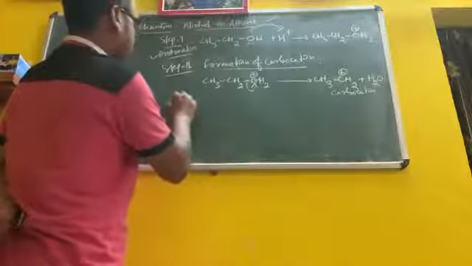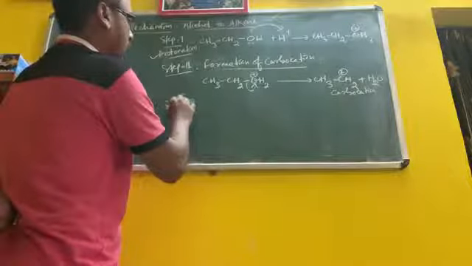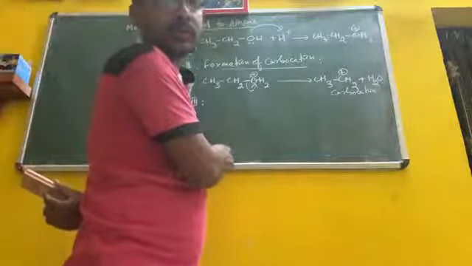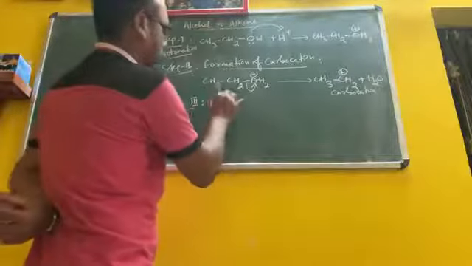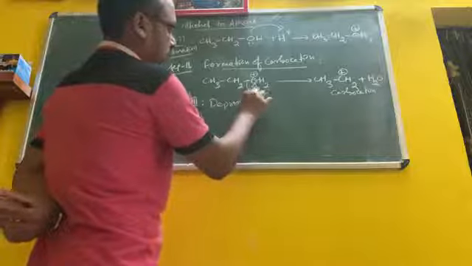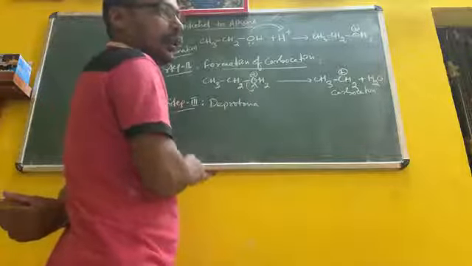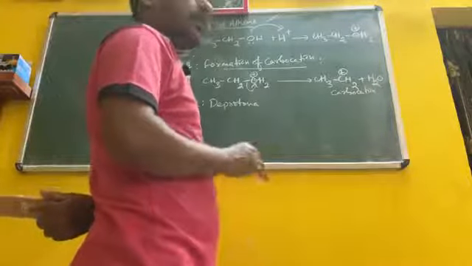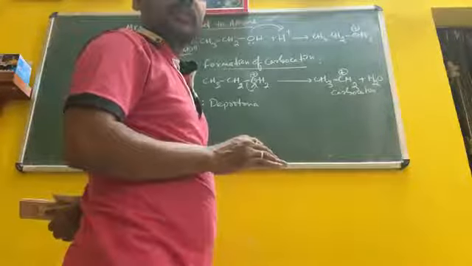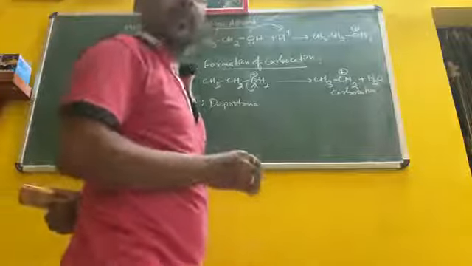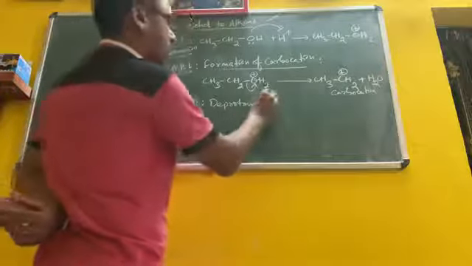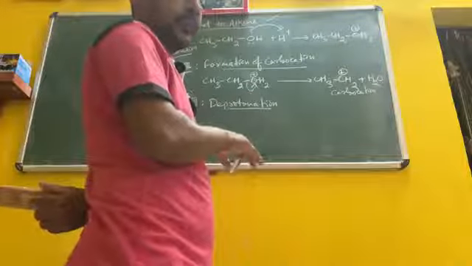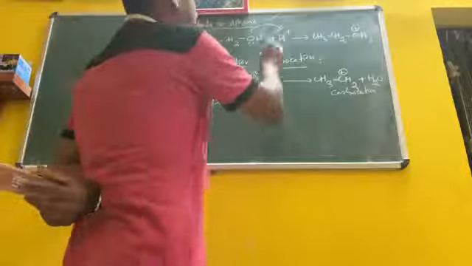Then step 3: deprotonation. Because catalysts only carry out the reaction, participate in the reaction, but do not form any product, or make the chemical reaction faster. All of you know about that. These are catalysts. So acid acts here in the process of dehydration as catalyst, and acid gives the H plus.